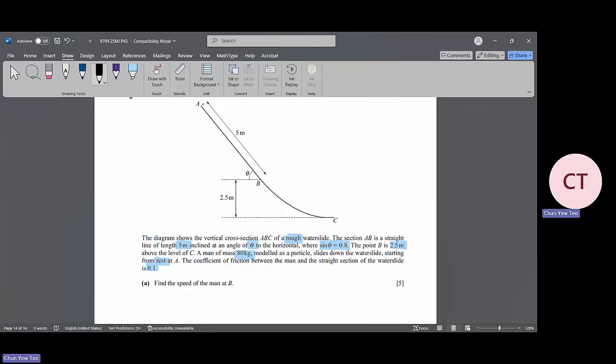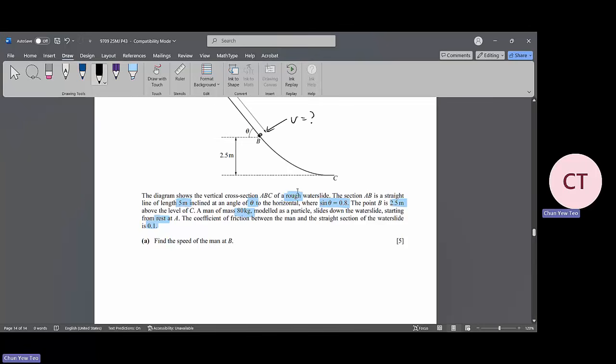Okay, so the speed of the man from here to here. What is the V? This is the U. As C is 0. So over here, we can consider your weight of the man is 800 Newton. This is the theta.